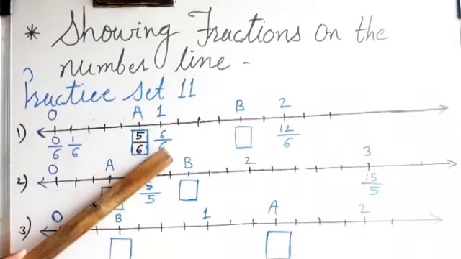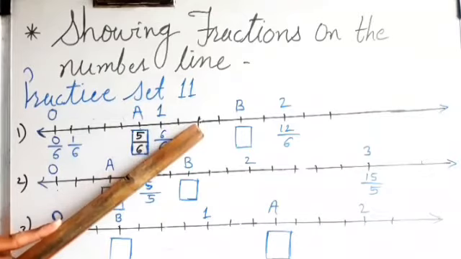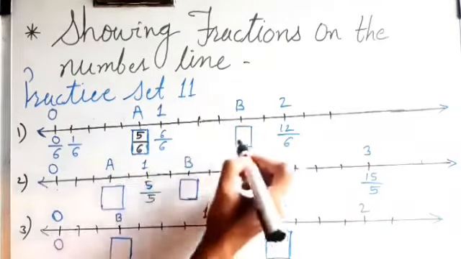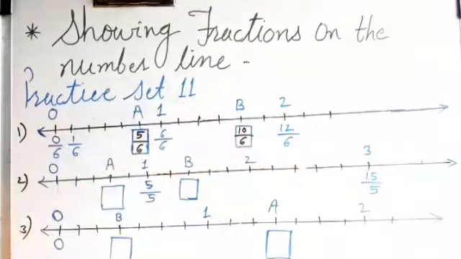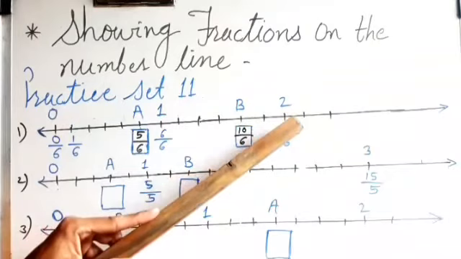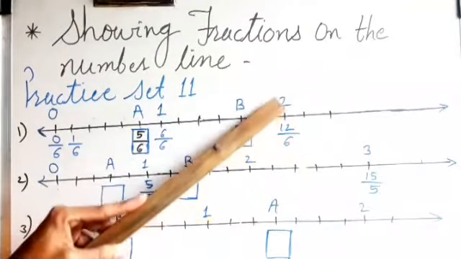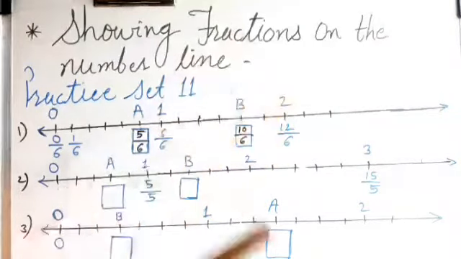Then 6 upon 6, that means 1, 7 upon 6, 8 upon 6, 9 upon 6, and here 10 upon 6. Then 11 upon 6 and 12 upon 6. 12 upon 6 means 2. 6 ones are 6, 6 twos are 12. 12 upon 6 means 12 divided by 6. If you divide, we get the answer 2.